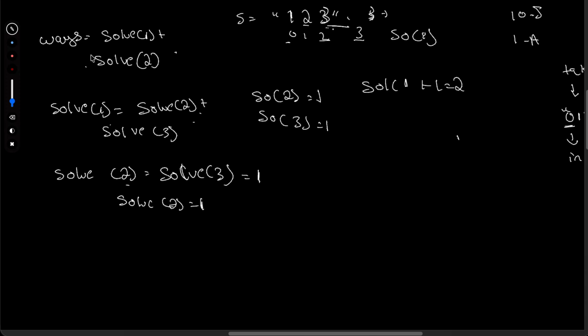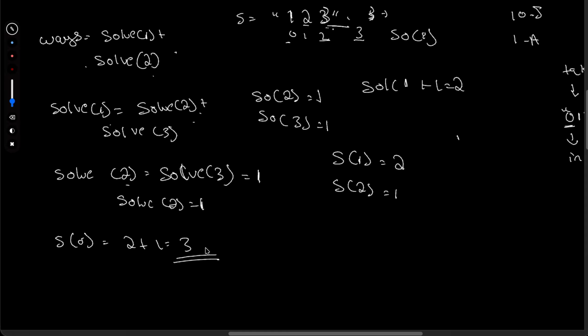Now we go back to solve of 0. So solve of 0 equals solve of 1 is 2 and solve of 2 is 1. So 2 plus 1 is 3, so the answer is 3.